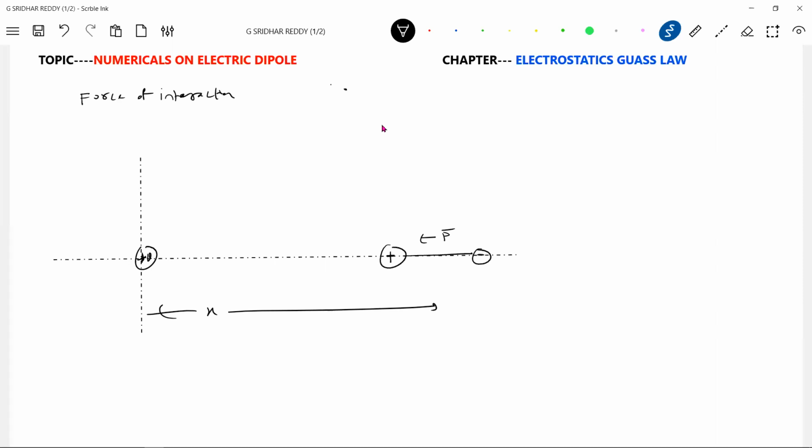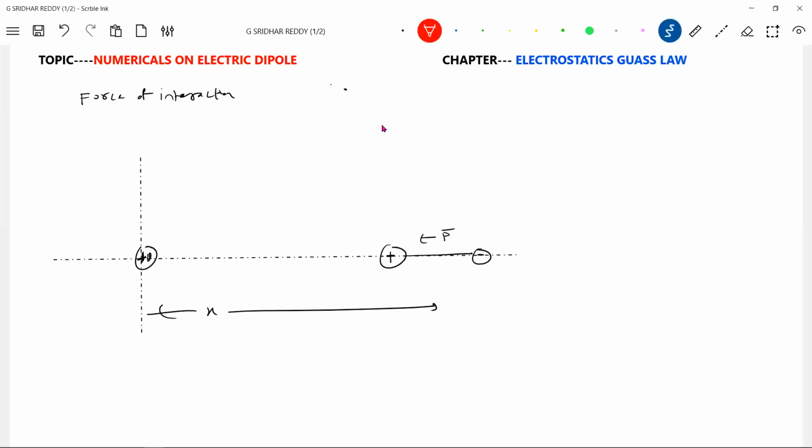This is a condition. Okay, now we have to calculate the force of interaction between this dipole and the point charge. So what is the method here? We can assume this dipole is present in the field of the point charge, or the point charge is present in the field of the dipole.